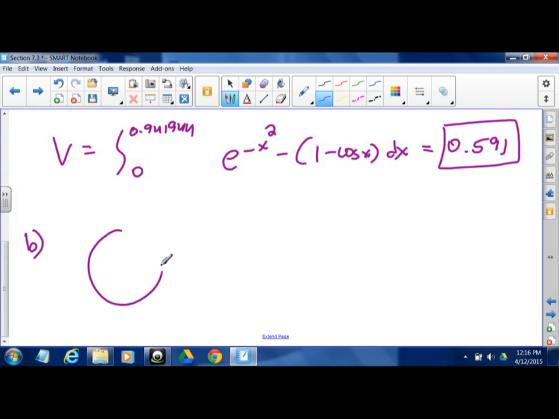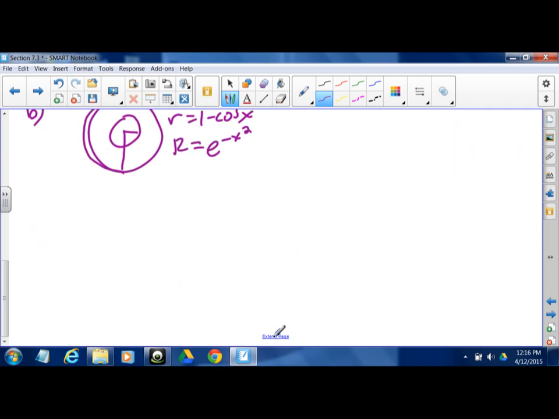And we know we're going to have a washer. There's my thickness. Here's little r, here's big R. Little r we just said was the trig, and big R is e to the negative x squared. Figure out the area of this thing.